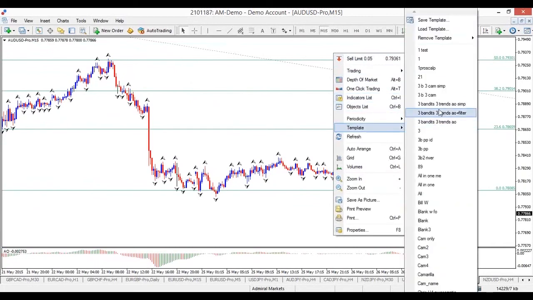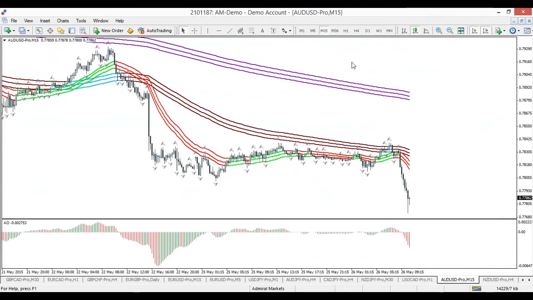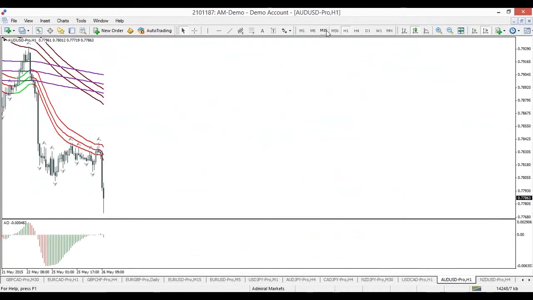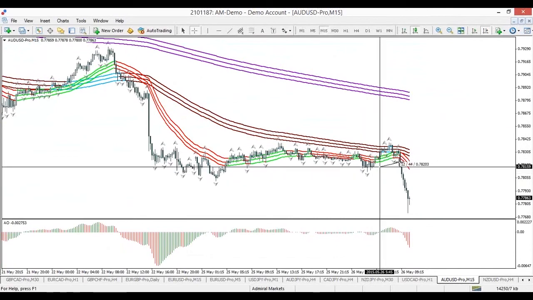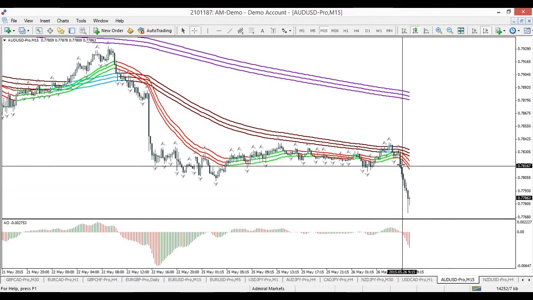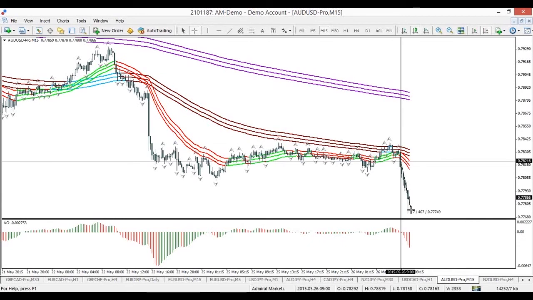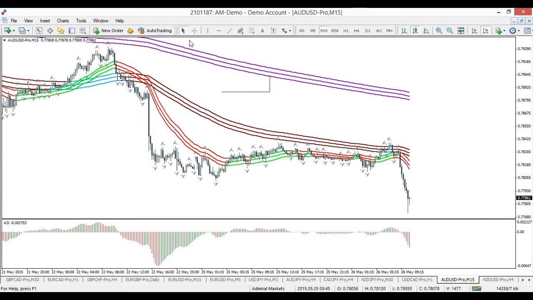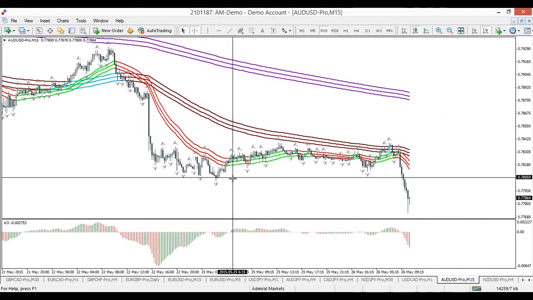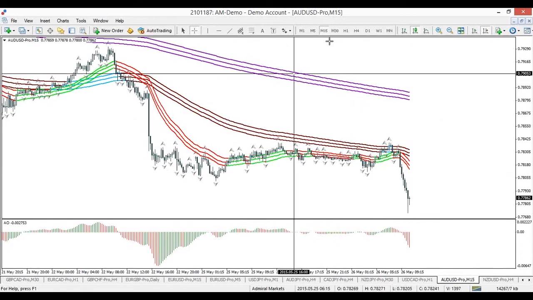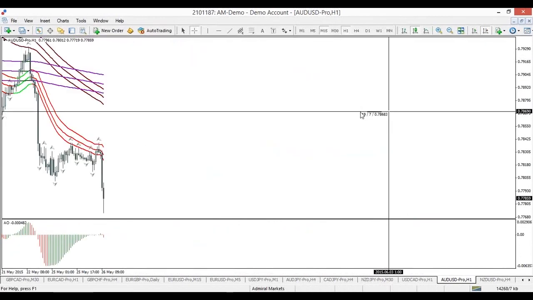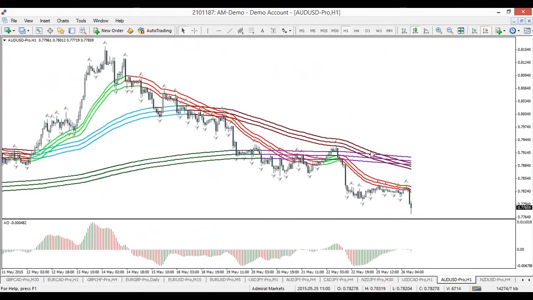Let's put on the moving averages. And you can see we had earlier this morning already a breakout trade on the Aussie, and that setup is up 46 pips with probably some space left, right? So let's see.